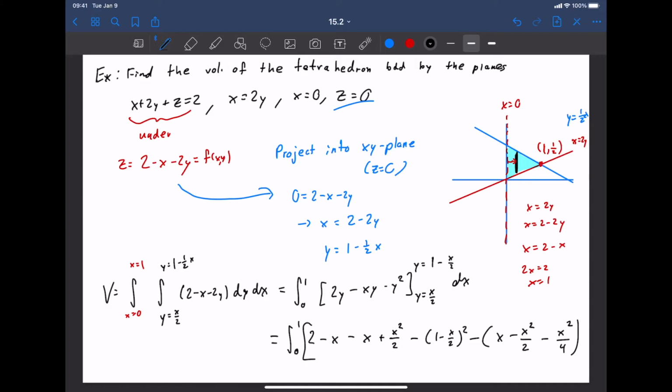And all of this is against dx. It's just with respect to dx. You should double check that you and I are on the same page here.